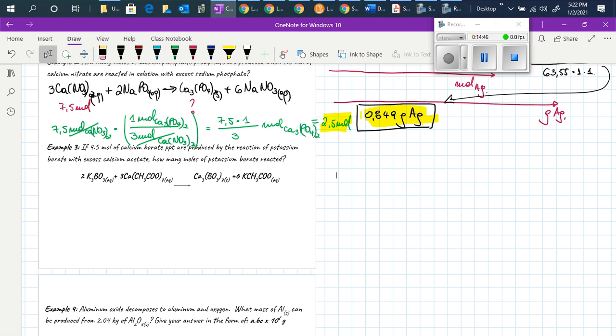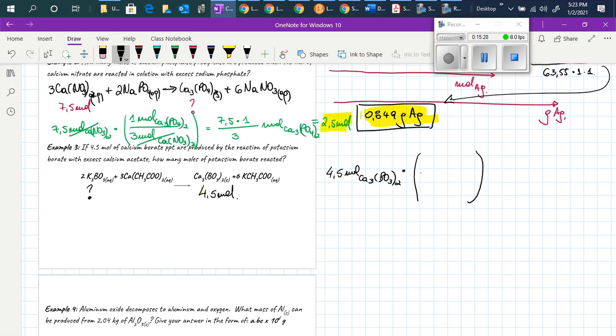So you have the reaction here ready, and what is given here is 4.5 moles of calcium borate, and what we are looking for is moles of potassium borate. Okay, so again, moles of known. We start with what is given, 4.5 moles of Ca3(BO3)2.